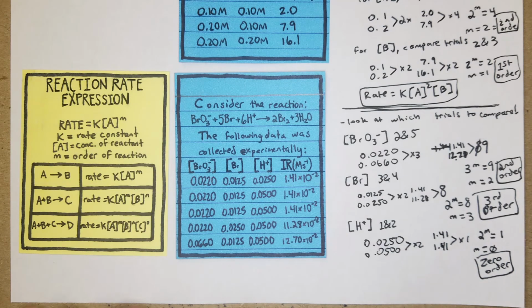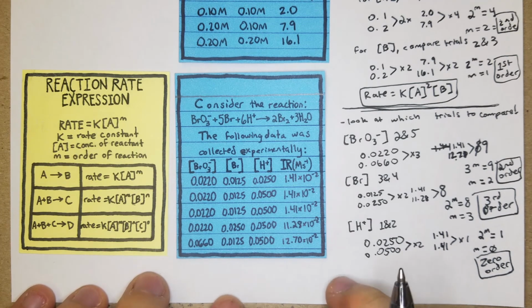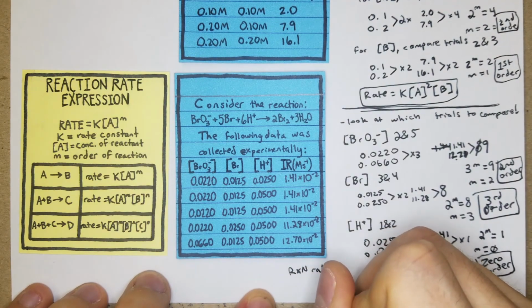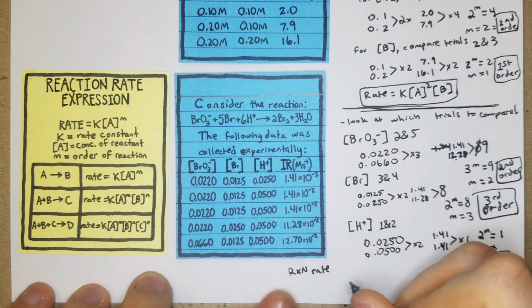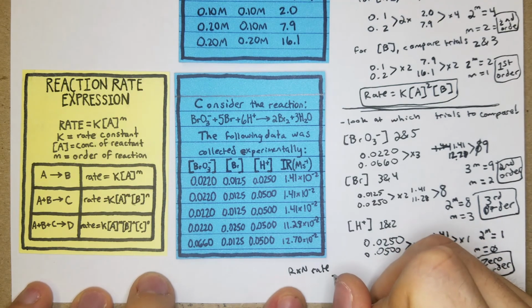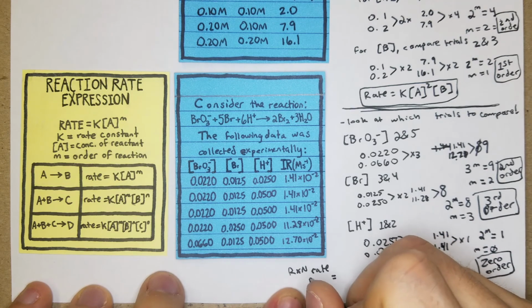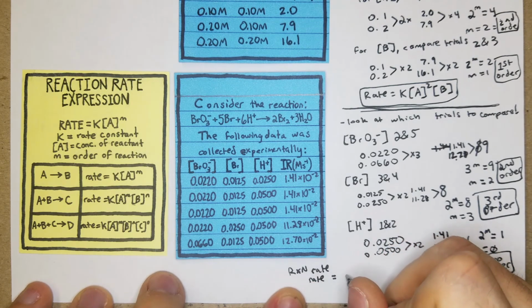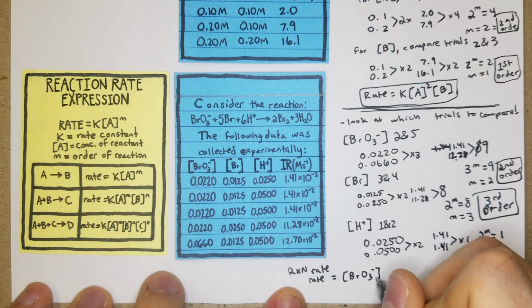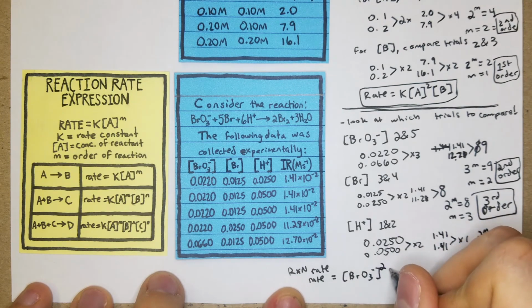So if you're asked to write the reaction rate, or the rate law formula, we're going to have rate equals BrO3- to the 2 because it's second order.